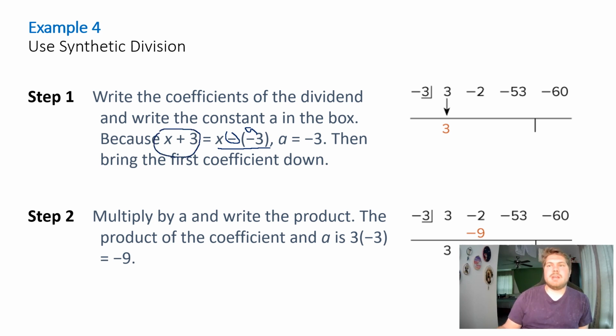And the reason I do that is because if you ever have a number in front, your a would actually be negative 2/3 if it was something like this, because the 3 is not just a factor, but the 2 as well.